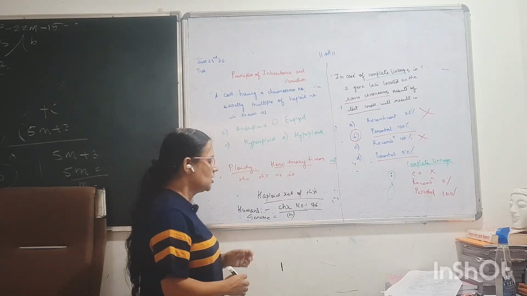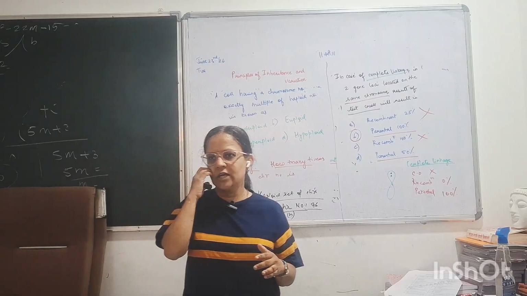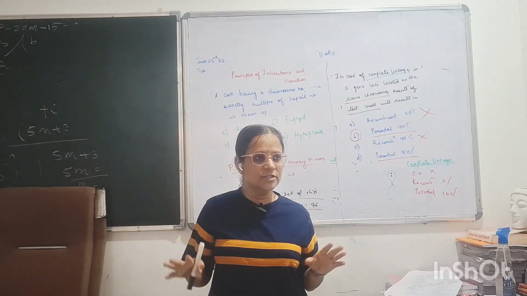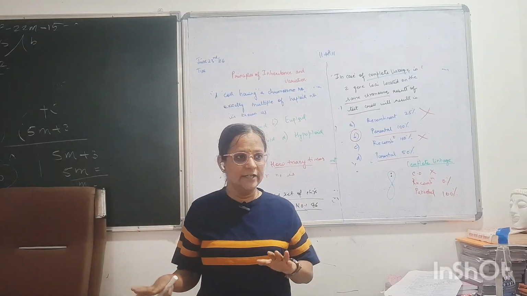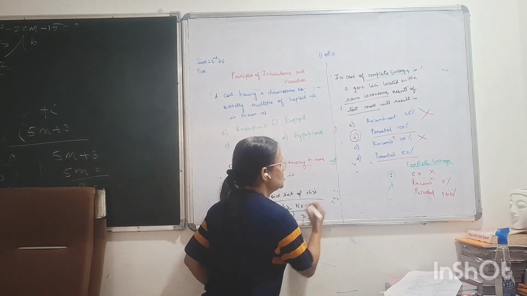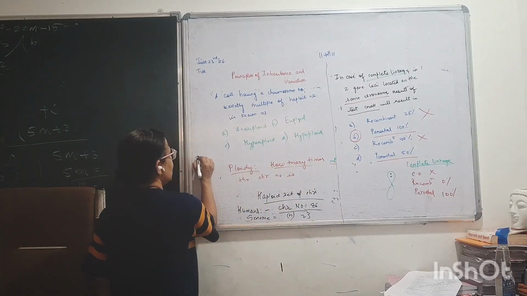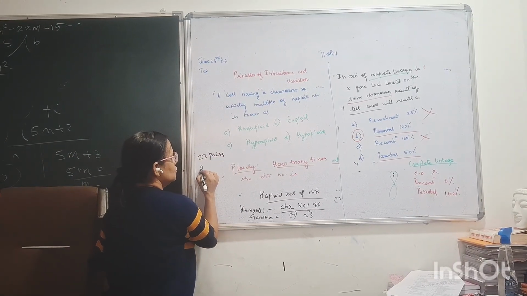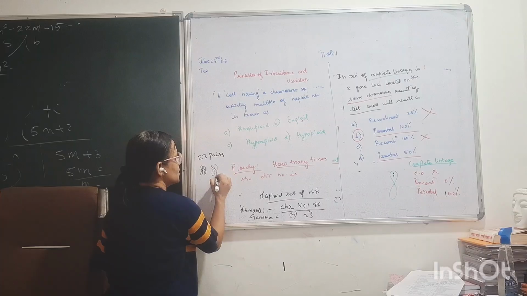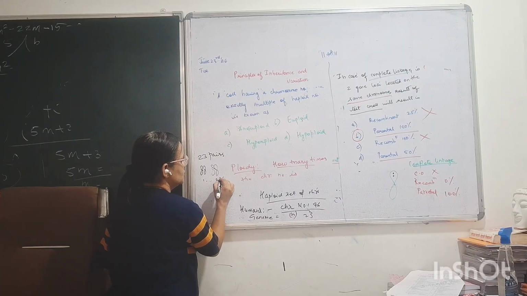Okay, haploid set. You never say that the genome of the organism is 46. You always say that the genome of the organism in case of humans is 23. Why? Because it is 23 pairs. Understand that it is 23 pairs. Now 23 pairs meaning what? You are having homologous chromosomes like this and you are having 23 pairs.